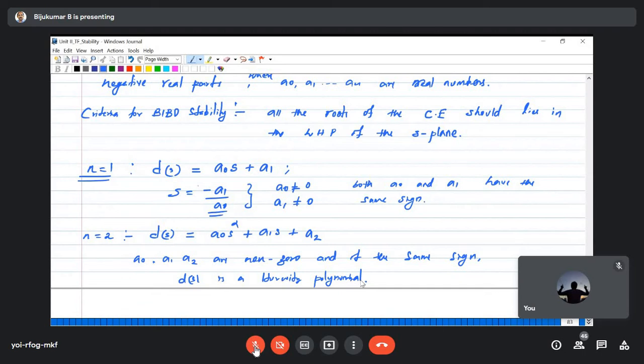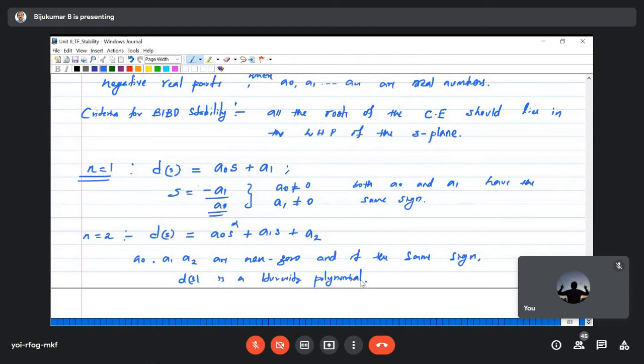If a1 is 0, what will happen? Yeah, repeated roots, where? On the imaginary axis, right? So our aim is to find whether all the poles are staying in the left half of the plane or not, right?